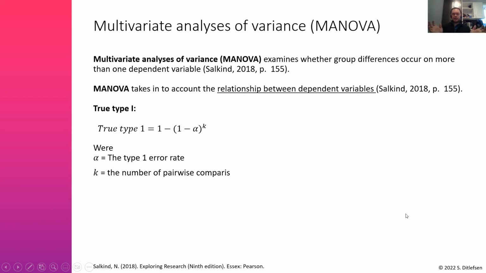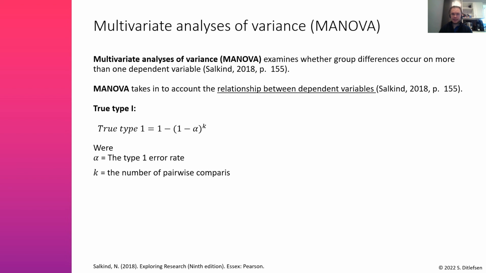Okay, a t-test is very good when you have one variable. But what if we have two variables? Then we need to use MANOVA. MANOVA is called multivariate analysis of variance. Multivariate analysis of variance, MANOVA, examines whether group differences occur on more than one variable.